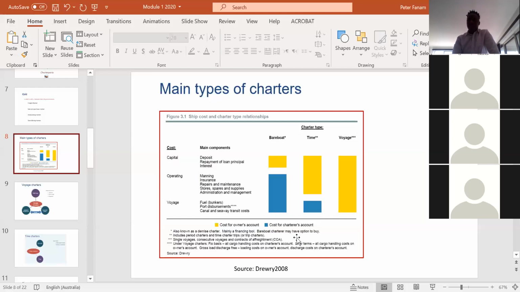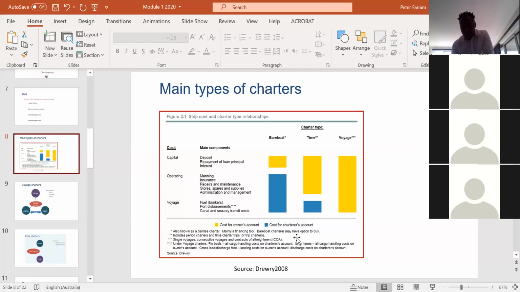And then the voyage cost will be on account of the shipper or the charterer. Simply because under the time charter, it is the charterer who takes responsibility for ordering the vessel, where the vessel should go. So the commercial responsibility is on the account of the charterer. He directs which port the vessel should go to, and where the vessel should load, because he has the cargo.